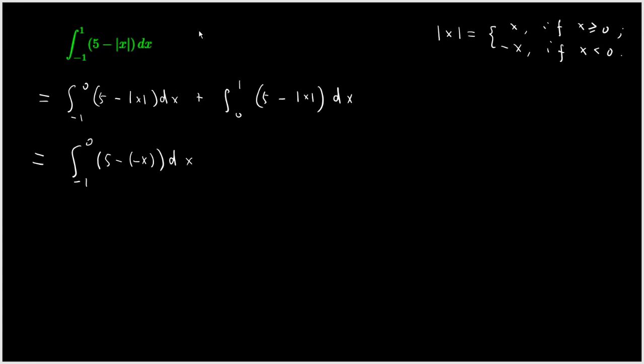In the second integral, x is treated as a number between 0 and 1. In particular, it's non-negative. That's why we can replace the absolute value of x with x. It's because when x is non-negative, the absolute value of x is the same as x. Right?